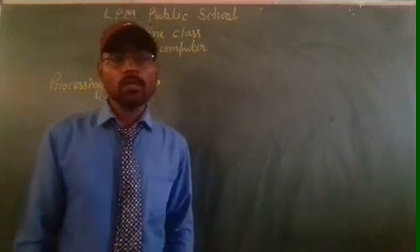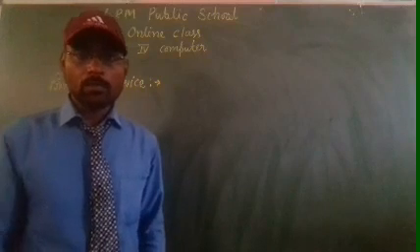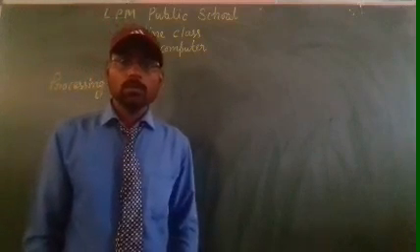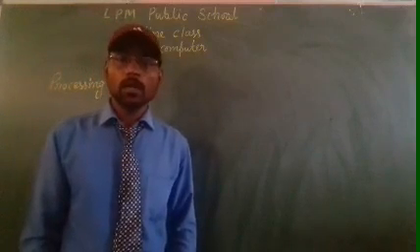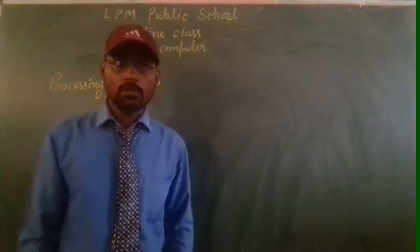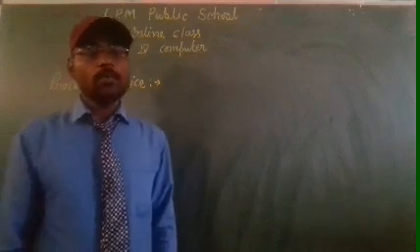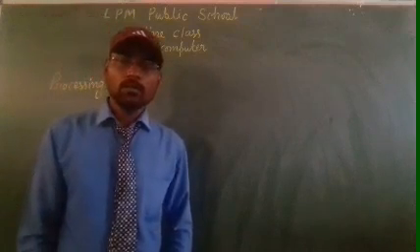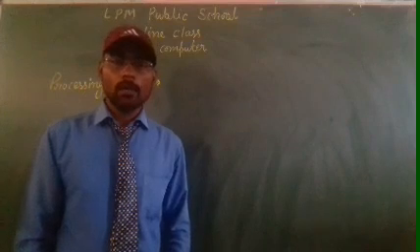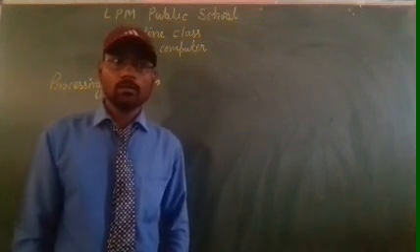A computer mouse has two buttons and one scroll button. You can see on the mouse there are two buttons, left button and right button. And dear students, there are two types of mouse. First is mechanical mouse and second is optical mouse.